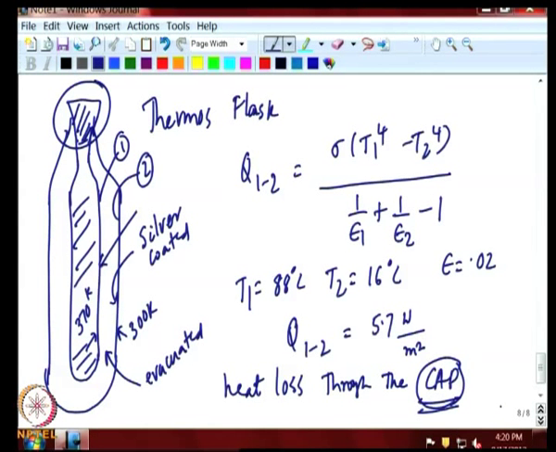Between a good design and a bad design is how well the cap is designed to prevent evaporative heat loss through the gap here. Okay. And so, if you carefully look at the design of a costly Thermos Flask and a not so good quality one, you will find in the good Thermos Flask, the heat loss through the cap is being controlled by a very careful design of the cap, which is the major heat loss path.